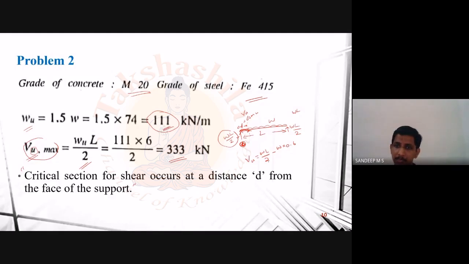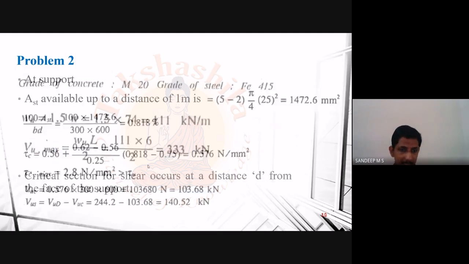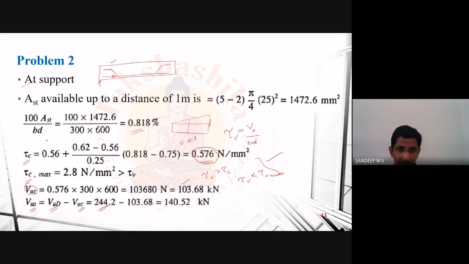So 111 into 6 by 2 minus 111 into 0.6. That is the effect of this UDL. The UDL acts downward and WL by 2 acts upward, so I get the net shear force at this critical section, and in this case they have obtained it as 244.2.